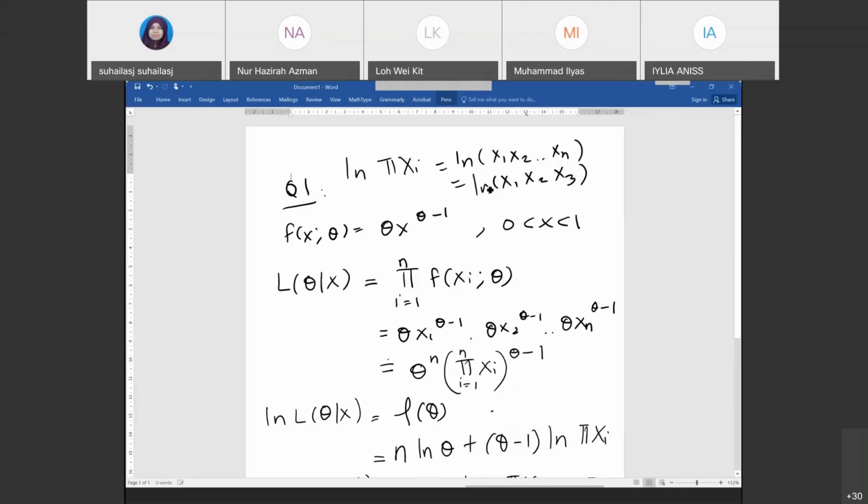Bila kita ada ln product, dia akan jadi ln x1 plus ln x2 plus ln x3 kan? Ya doktor. Oh. So that's why saya letak summation kat depan. Betul. Macam kamu ada ln AB tu lah, ln AB maksudnya ln A plus ln B.